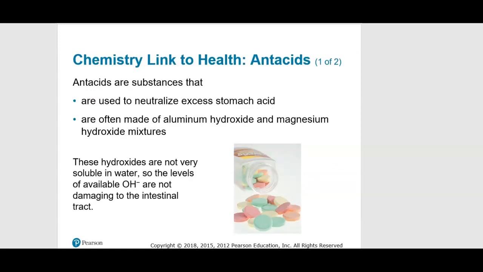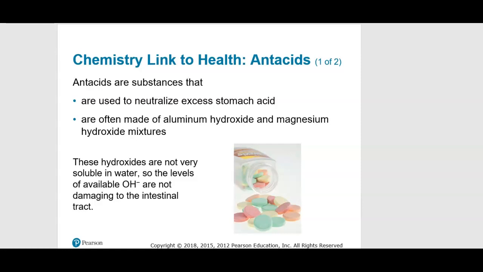We talk about antacids here. Now we're done with the calculations. Antacids are basic substances. They are used to neutralize excess stomach acid and relieve heartburn. They're often aluminum hydroxide, magnesium hydroxide mixtures, but they have various carbonates. Well, it's pretty much hydroxides and carbonates that they're going to use.